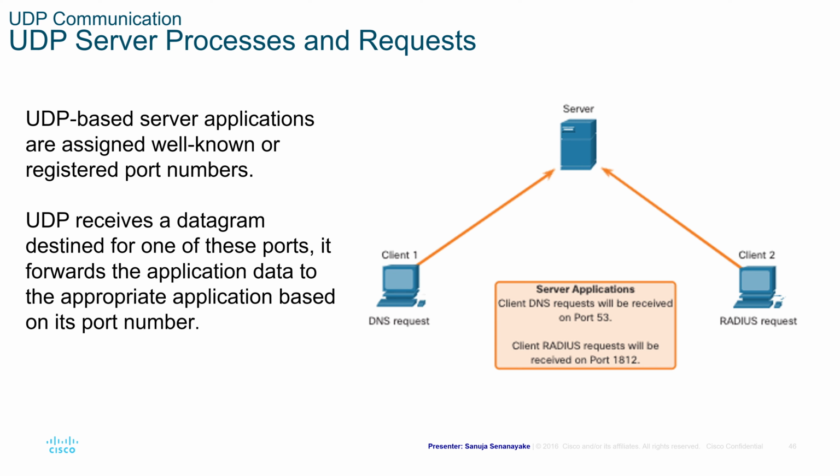So UDP uses either a well-known port or a registered port number, and it forwards the application data to the appropriate application based on its port number. That's an important concept, such as, for example, the RADIUS server. The Cisco RADIUS server has its own registered port number, for example. Those are all UDP.